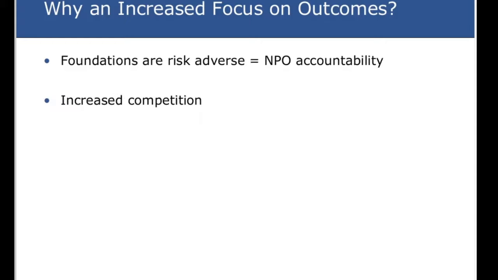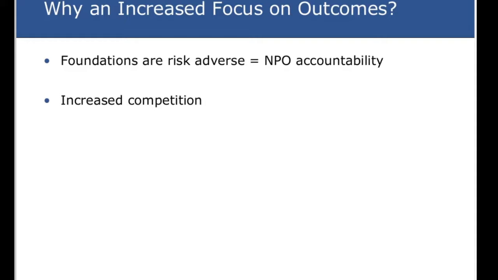With increased competition, the number of not-for-profit organizations has increased anywhere from 30 to 50%, by estimates I've heard, and this obviously means a lot of organizations wanting a share of a fairly stable pie. The pie has grown, but not to the same degree as the number of organizations.